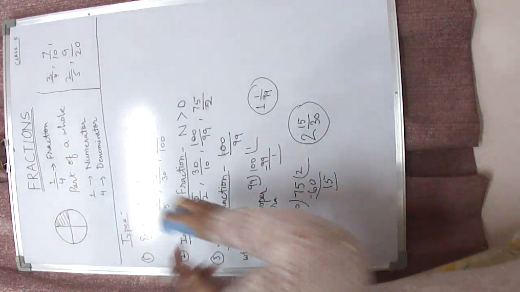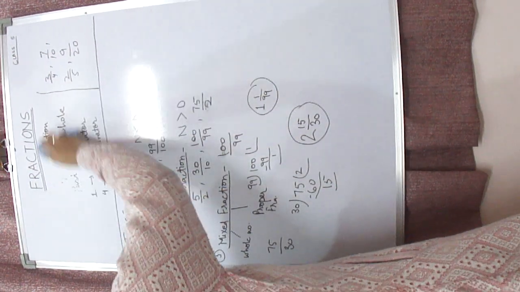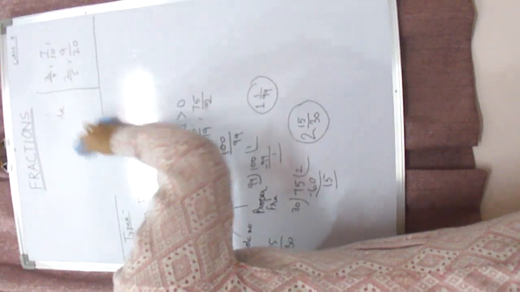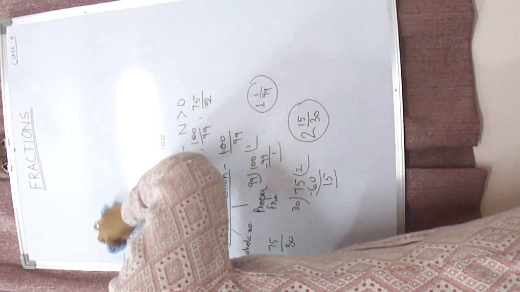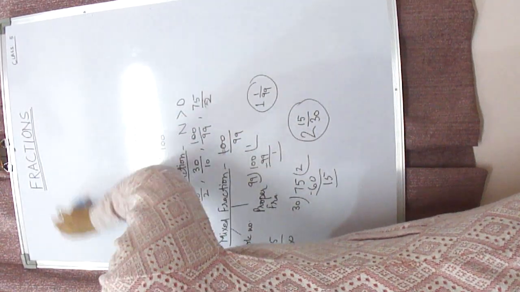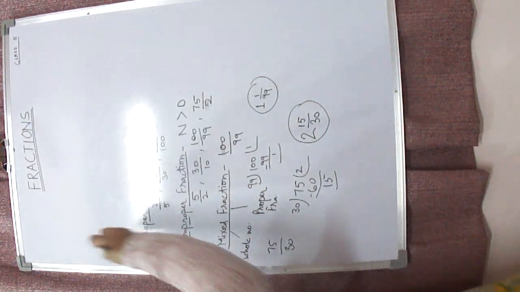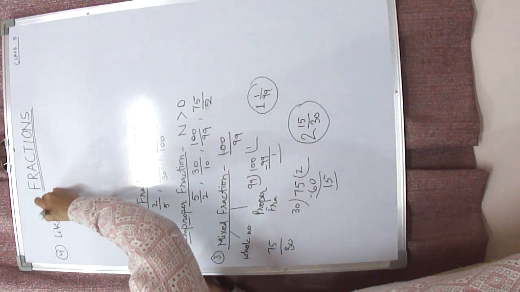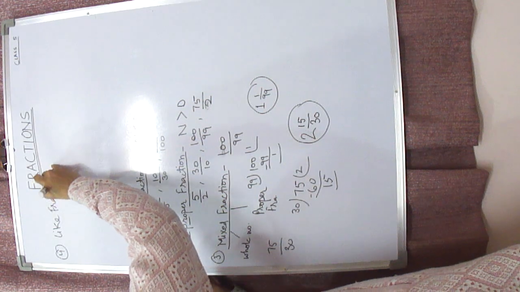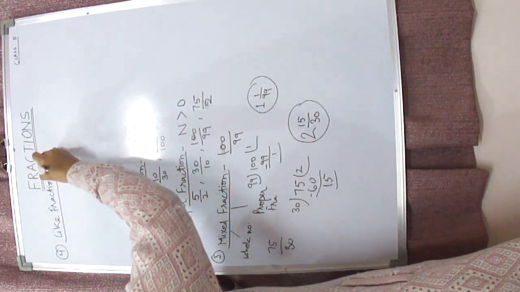Next is like fraction. What is like? As its name is itself suggesting, like means where we have something in common, something which is alike. So in the like fraction, we have same denominators. Like fraction means alike denominators.